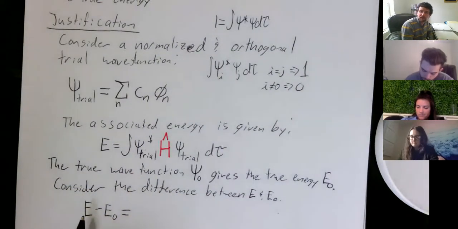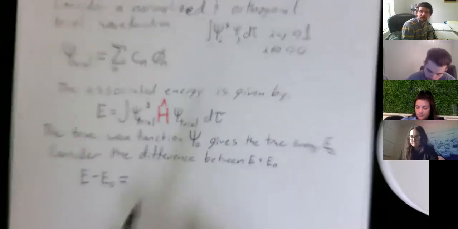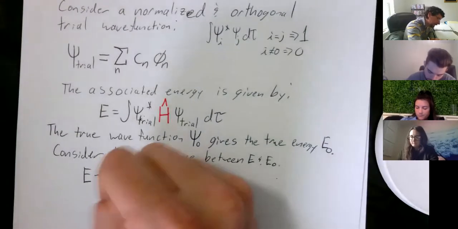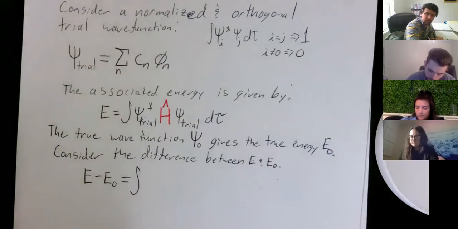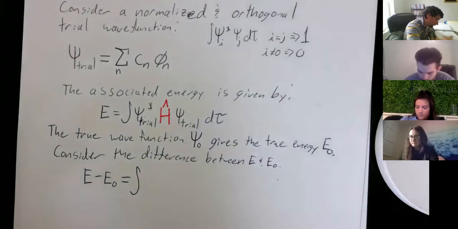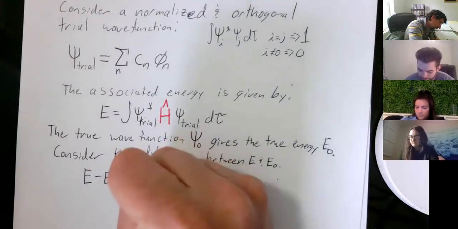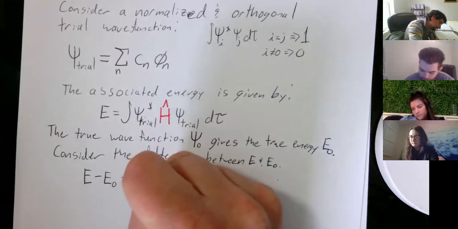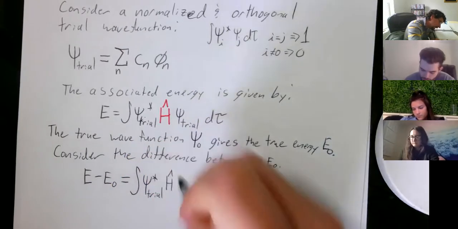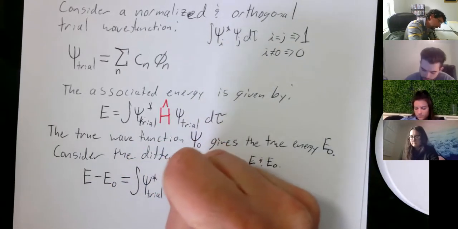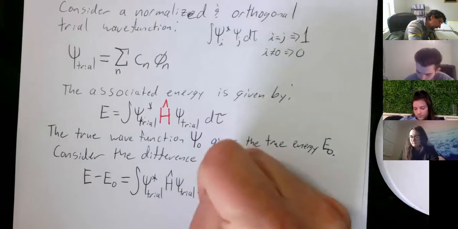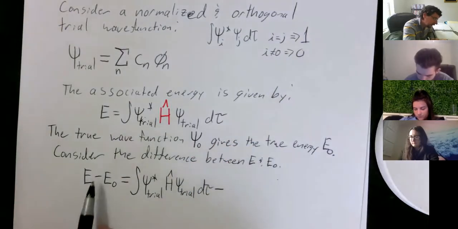We've already come up with an expression for how to find E. What's that going to be? Just the integral of psi trial times the Hamiltonian times psi trial, d tau. Now minus E naught.